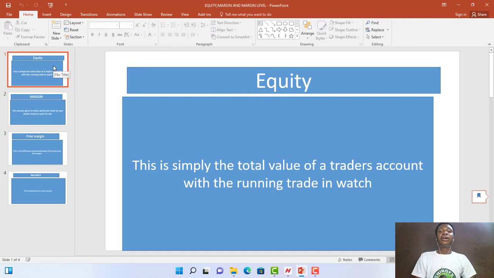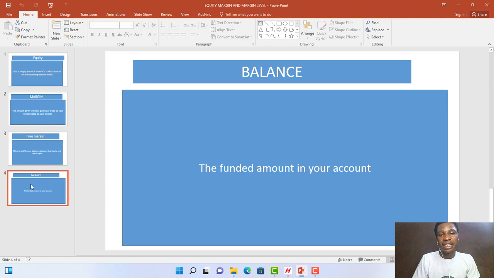Before I get to equity, I would like to share the balance, because that's the most important thing. The balance is the funded amount you have in your account. Let's say when you created your live account, you funded it with $1,000, $2,000, $3,000, $4,000, let's say $20,000.